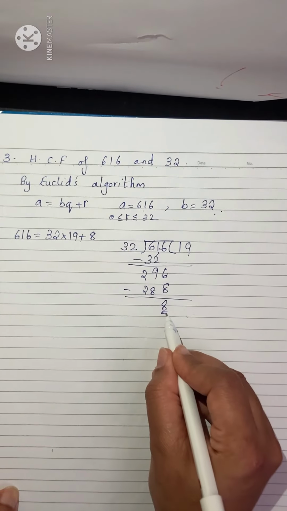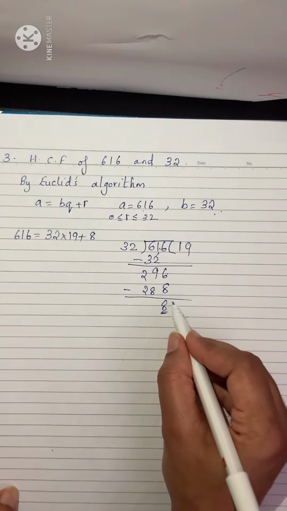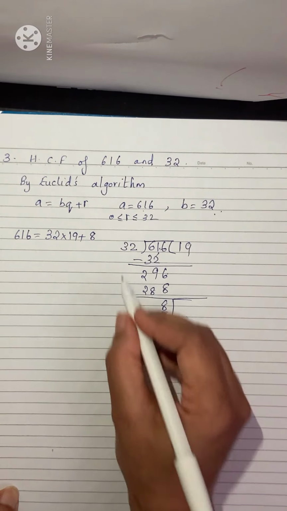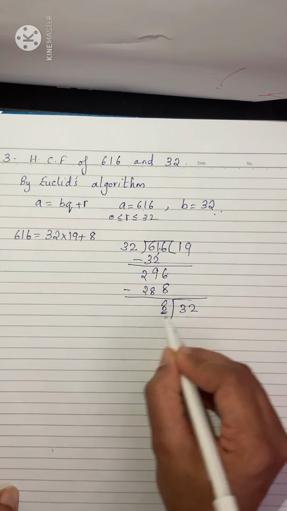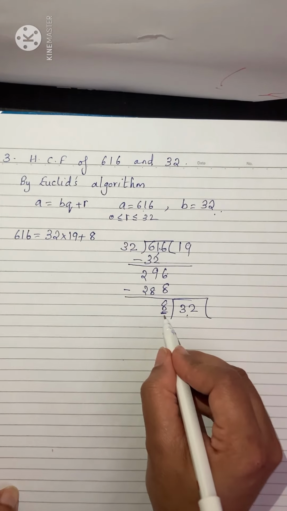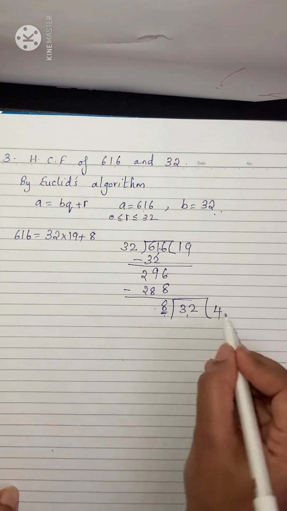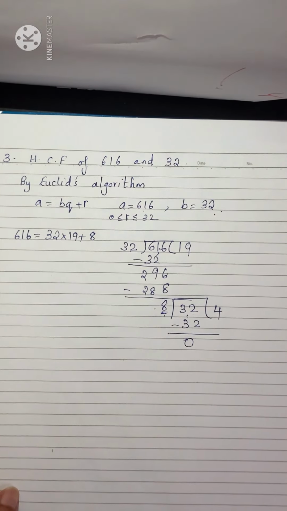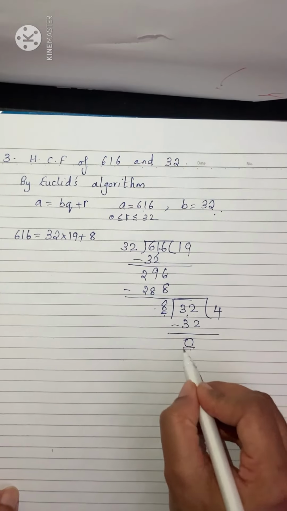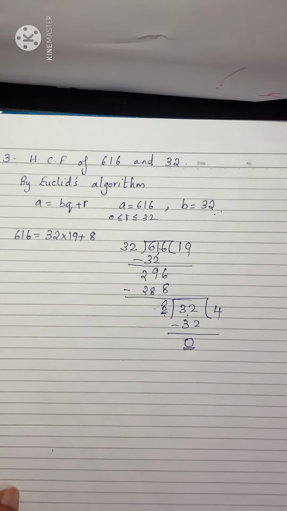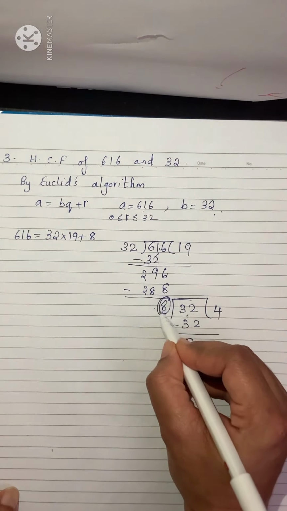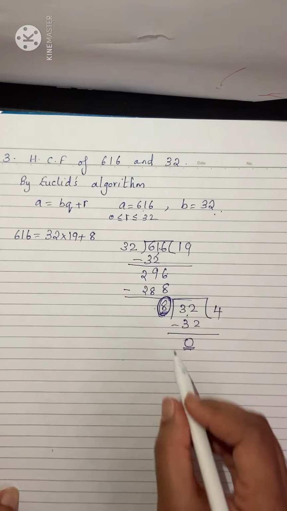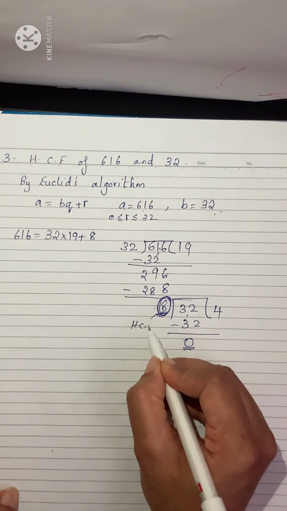Here the remainder is not 0, so we have to divide again. We can write 32 as the dividend and 8 as the divisor. 8 4s are 32. 0 will come. So we can stop dividing, and this divisor is the HCF.